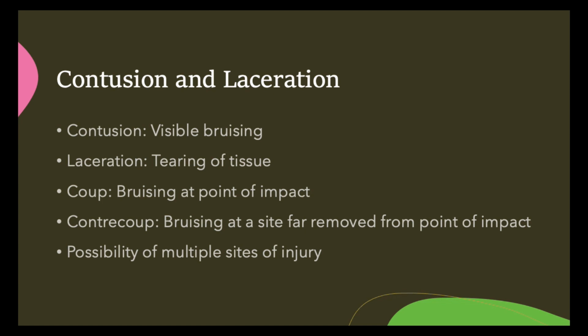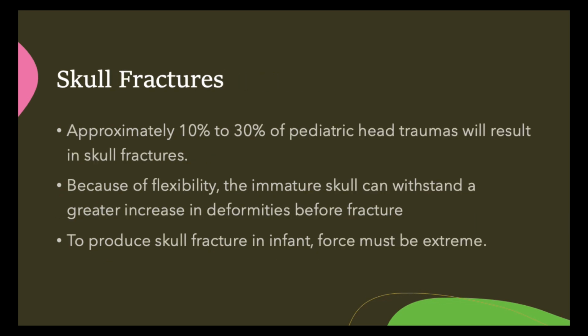A coup injury is bruising at the point of impact, and contra-coup is bruising at the site removed from the impact, or, as we saw in the previous pictures, acceleration and deceleration. Skull fractures are not uncommon in pediatrics.